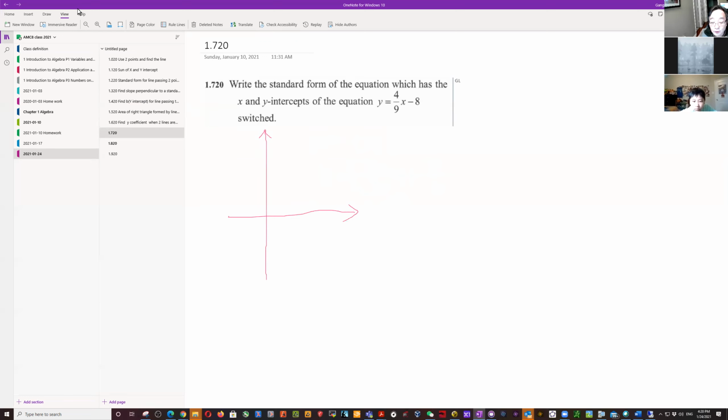that this line's y-intercept is -8. So we can say that, this is 2, 4, 6, 8. So this is -8. And the slope of this line is 4/9, which means that for every 9 horizontally, it goes up 4.